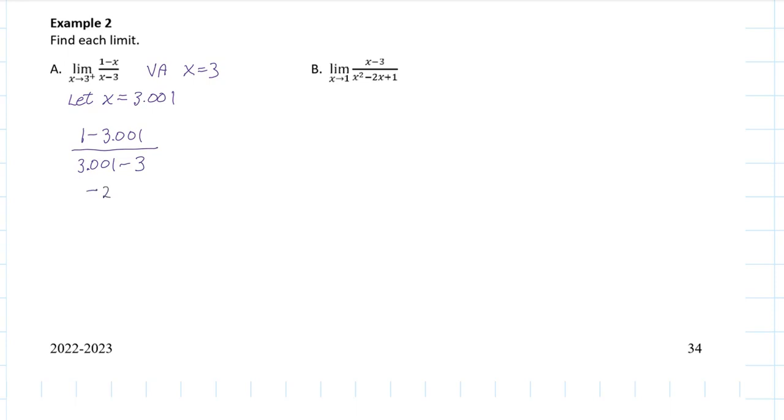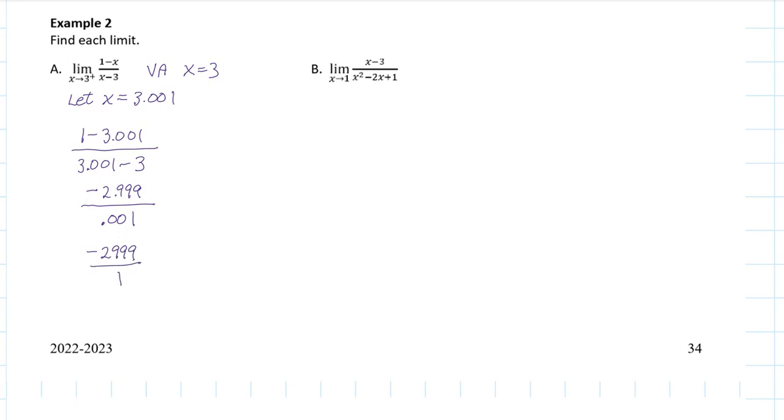Now, I don't care what's going on the top, but if you were to subtract here, you would get negative 2.999 over 0.001. Well, let's bump each of the decimals in the numerator and denominator over to the right 3 times. So basically multiplying by 1,000 here. So I would have negative 2.999 over 1.